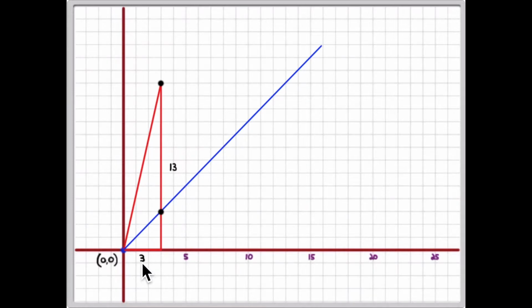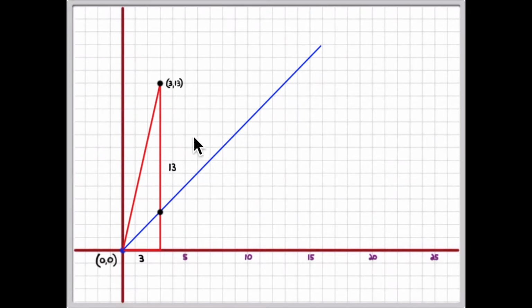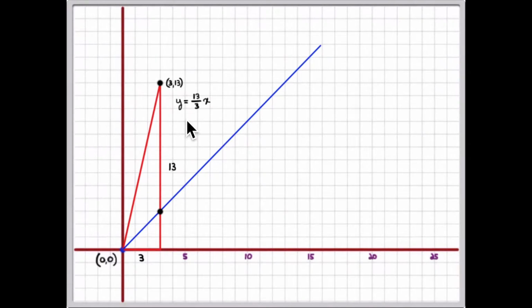Why thirds? Because there are 3 units. So this 1 unit is 1/3 of 3, 2 units is 2/3 of 3, 3 units is 3/3 of 3, and so on. If you keep going up this way, you'll get up to 13/3 of these 3 units. So this point is at (3, 13), and the vertical length is 13/3 times the horizontal length.